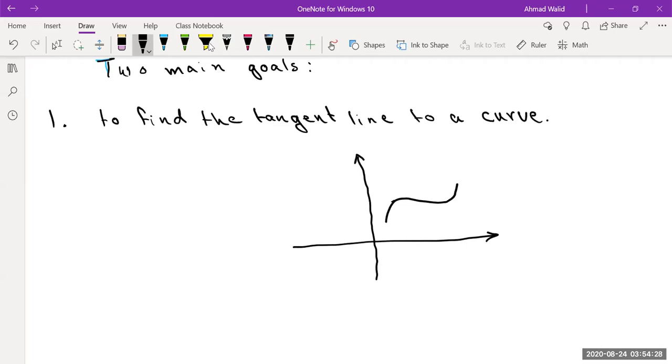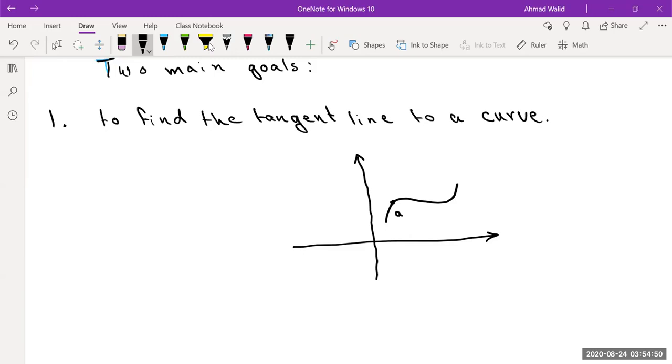If I pick a point on this curve, for example point A, and I want to find the slope of the curve at this point, based on the previous classes that you studied, it's not that easy to find the slope of a curve.